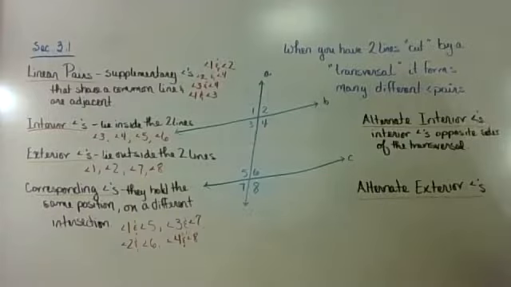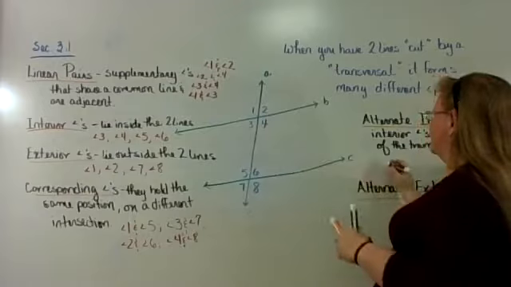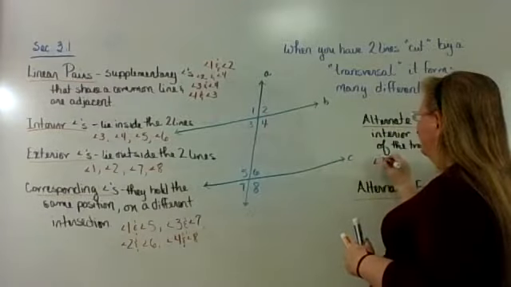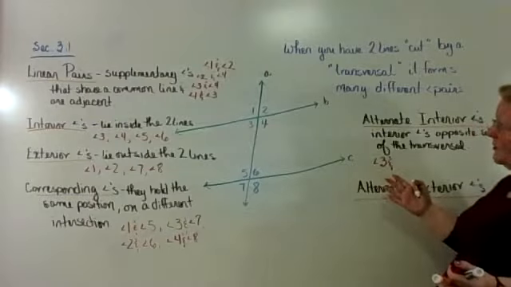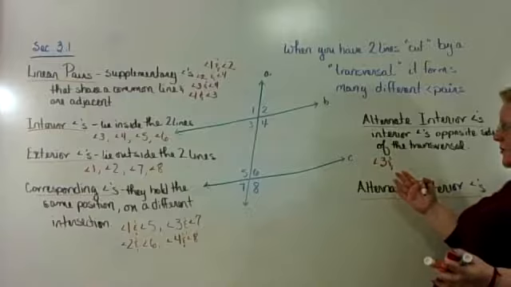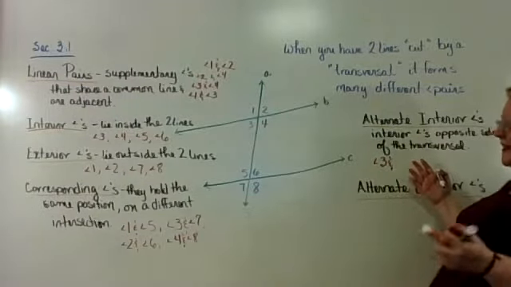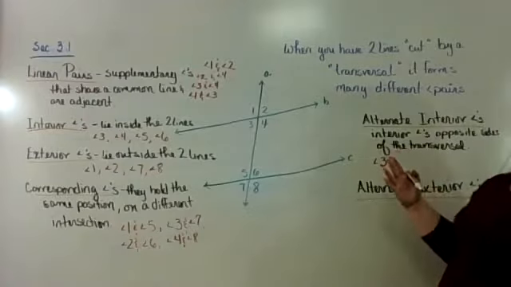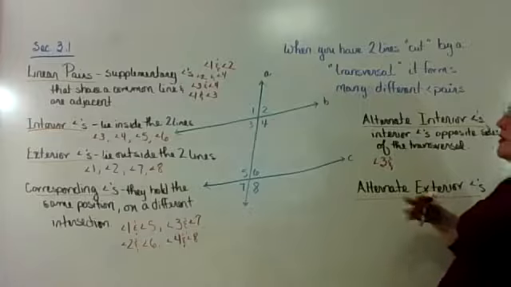So if I had angle 3, it's an interior angle because it's in between the two lines. If I had angle 3, I have to find another angle on the opposite side of the transversal that is interior as well, and it can't form a linear pair. I didn't say that part, but it's understood it's not going to form a linear pair.